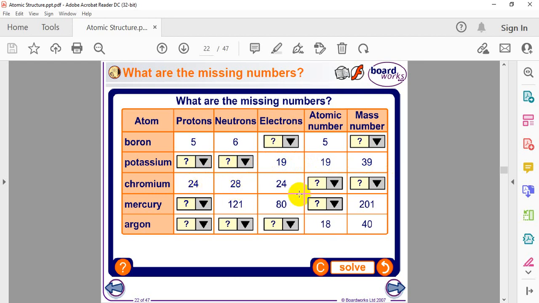Chromium has protons 24, neutrons 28, electrons 24. So definitely the atomic number is the same as proton number. That's another name for it. So here atomic number is 24. Mass number is what? The sum of the number of protons and neutrons in the nucleus of the atom. So mass number will be here. That's 24 plus 28.